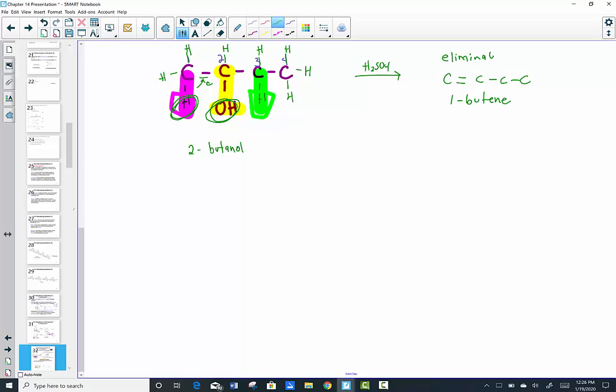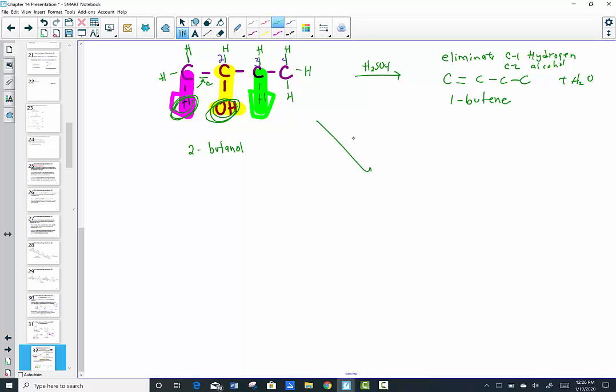Eliminate C1 hydrogen with C2 alcohol. All right, so we eliminated the OH from carbon 2, the H from carbon 1, and remember that you split out a water molecule as the other product. So one possible product is 1-butene.